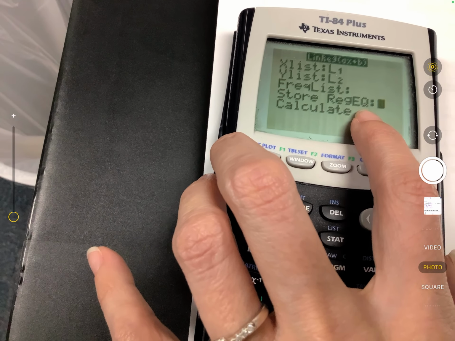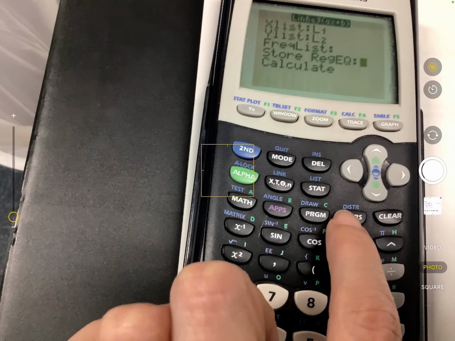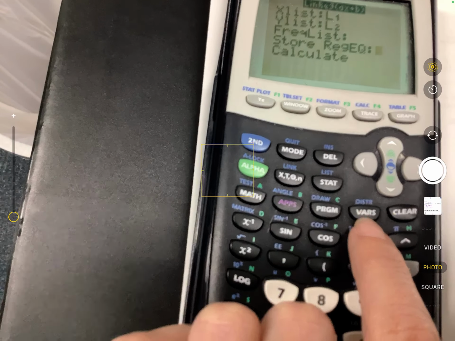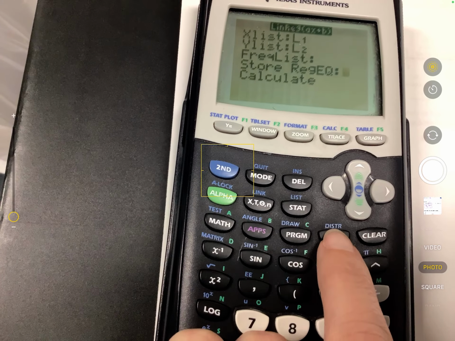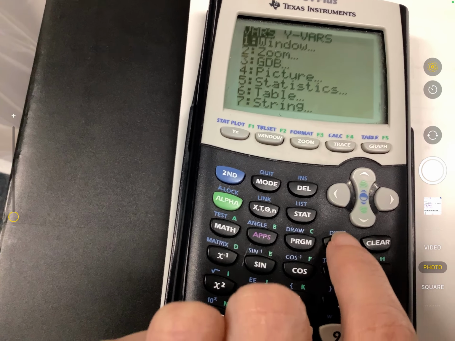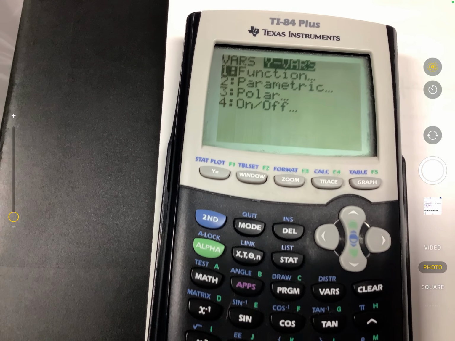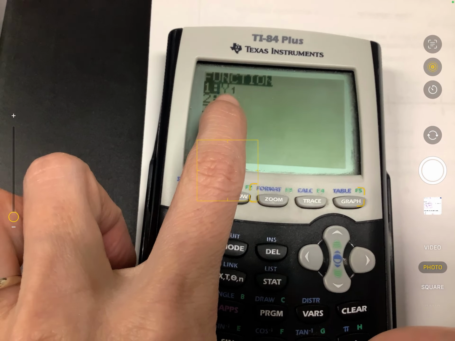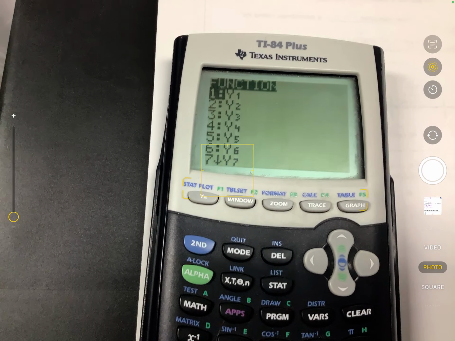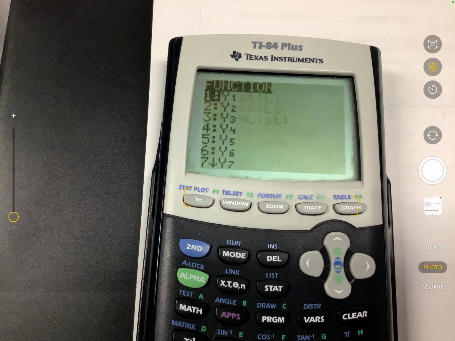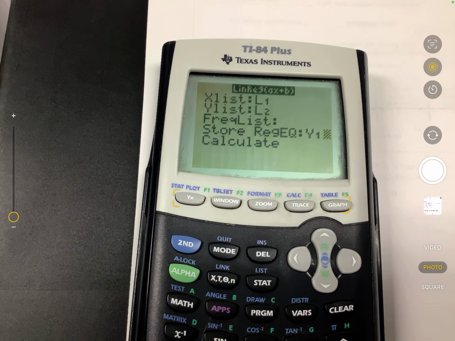And then go to VARS, and choose number 1, which is function. We want the equation to be inserted and stored into y1. So press enter on y1.